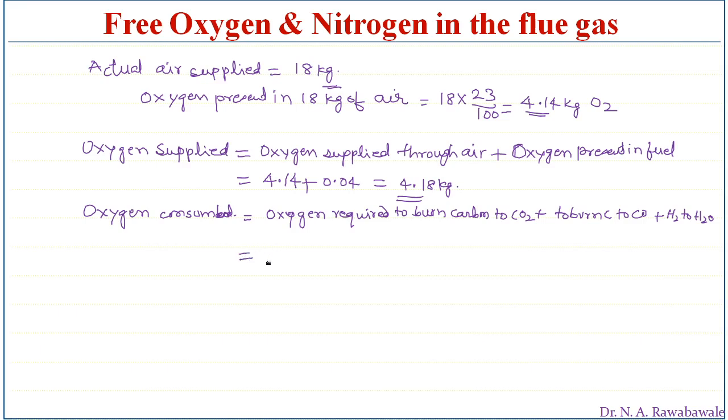Oxygen required to burn carbon to carbon dioxide is 1.794, plus oxygen required to burn carbon to carbon monoxide is 0.219, plus 0.48 is the oxygen required for combustion of hydrogen.